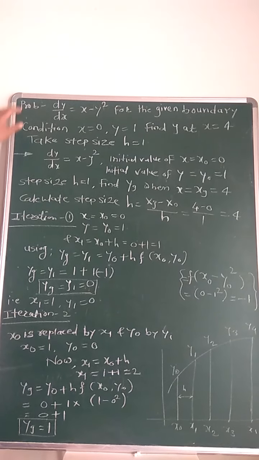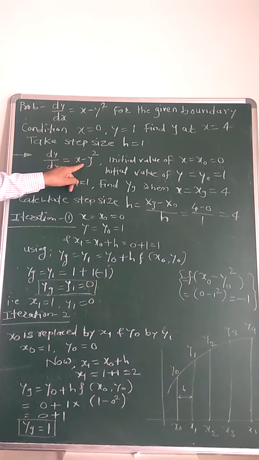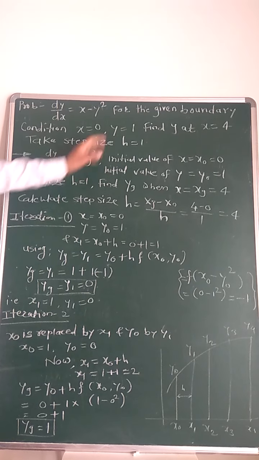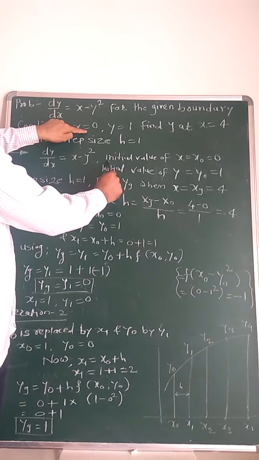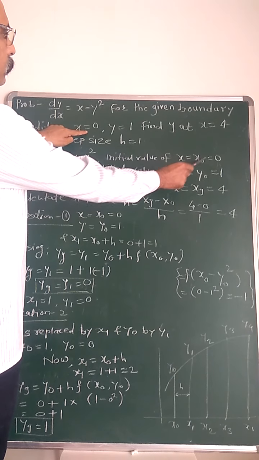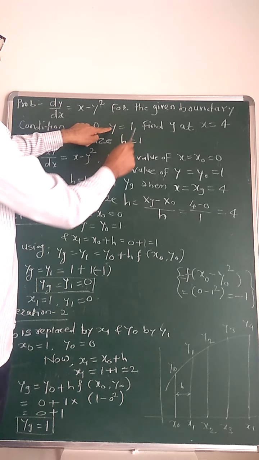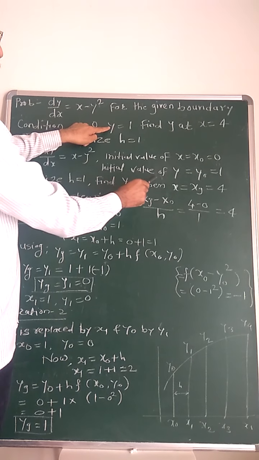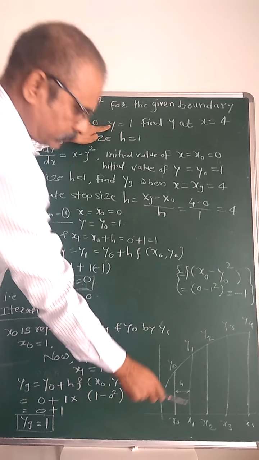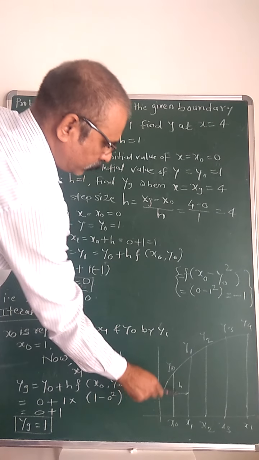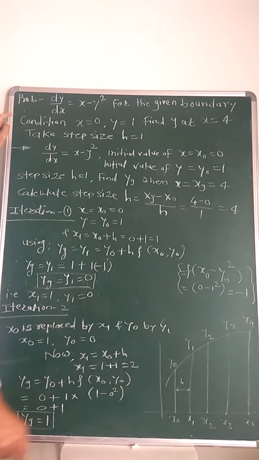Now the differential equation is given, dy by dx is equal to x minus y square. For the given boundary condition x is equal to 0, it means that the initial value of x, x0, is equal to 0 and y is equal to 1, that is the initial value of y, y0, is equal to 1.